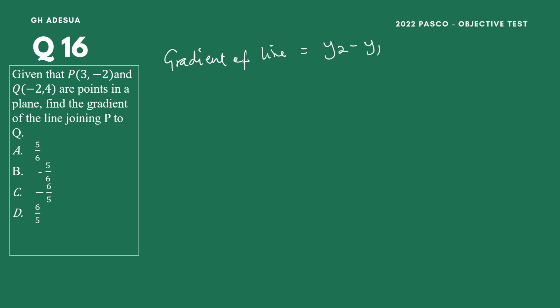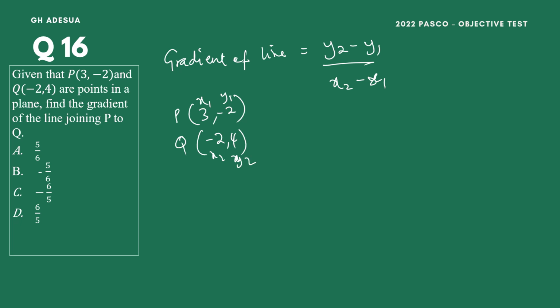Now, the point P is given as (3, -2). The first values are always the x value, x1, y1, and for Q we have x2 and y2.